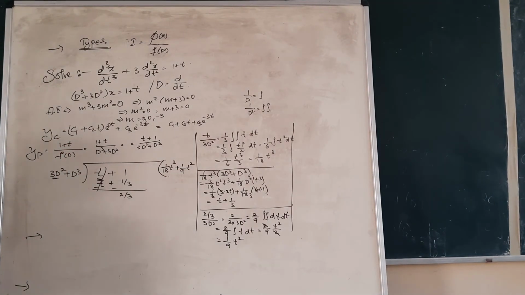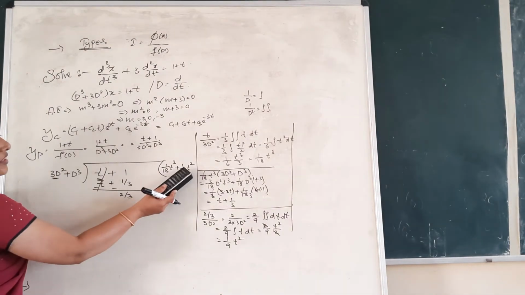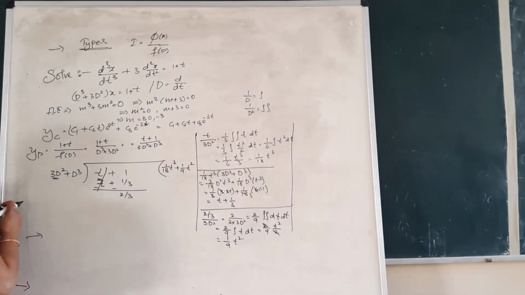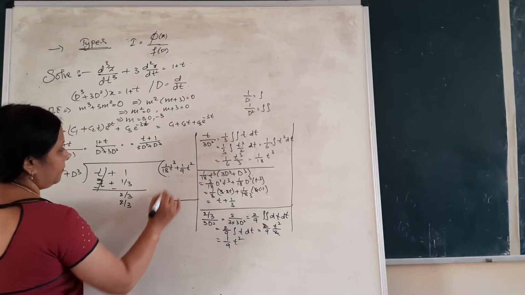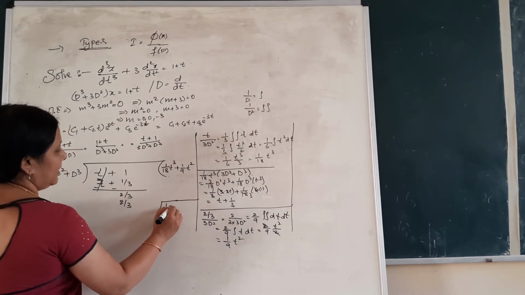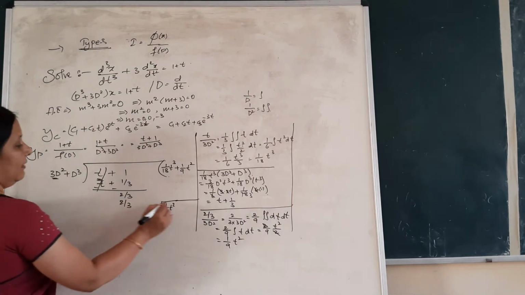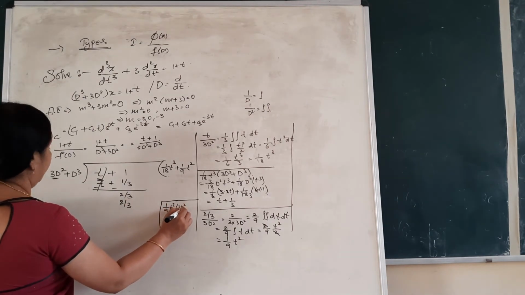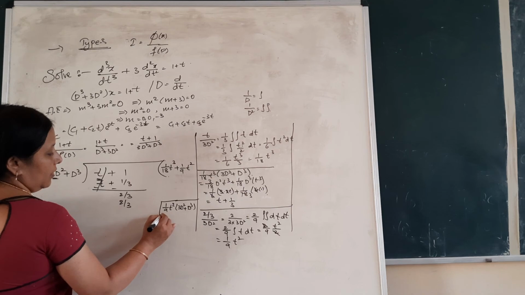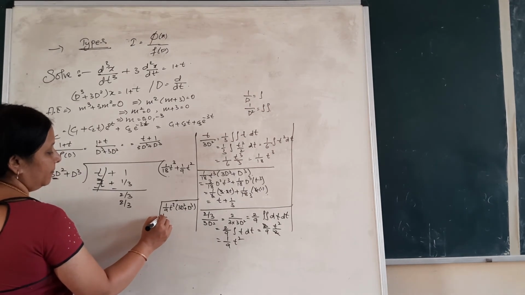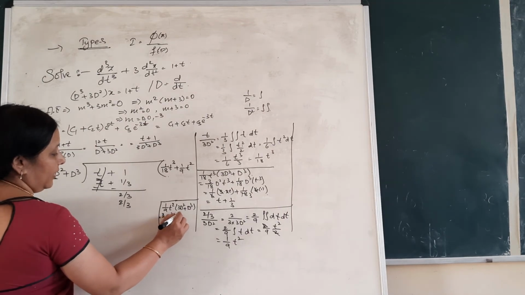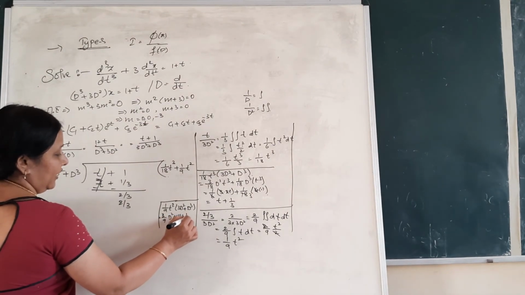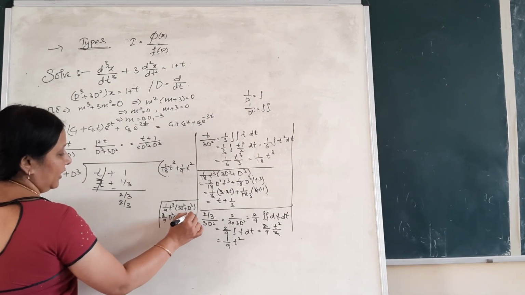Understood? So now what to do to get the next? This into this directly will give you 2 by 3. You can see if you want: 1 by 9 t square times the entire thing 3D square plus D cube. So 3 by 9 double derivative of t square plus 1 by 9 triple derivative of t square.